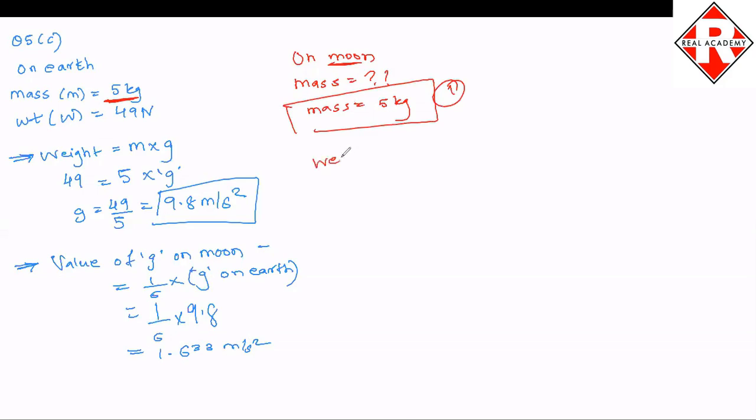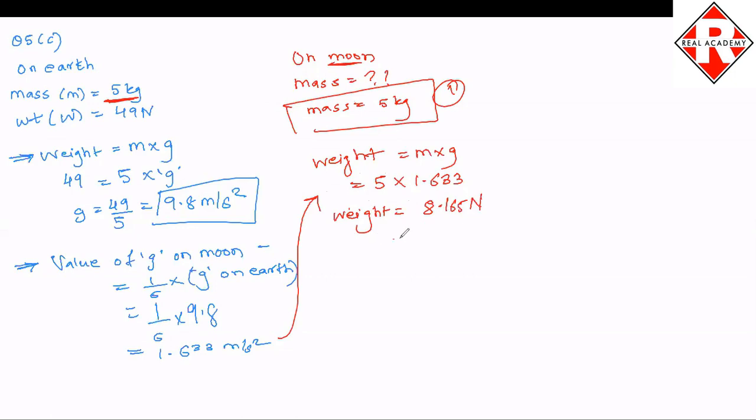Now how do I find the weight of that object on the moon? So weight is m into g. m I know is 5 and g I know is 1.633 according to the moon, right? So weight is equal to 5 into 1.63, so you will get 8.165 newtons.